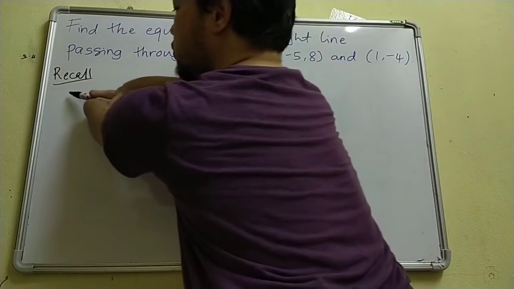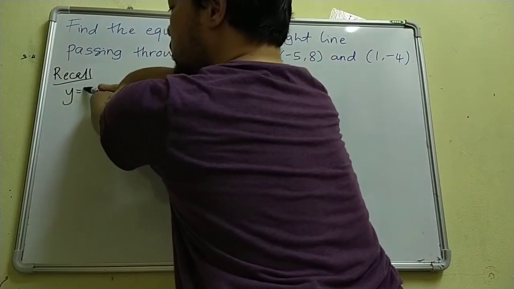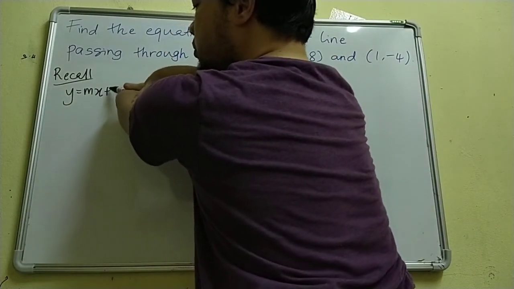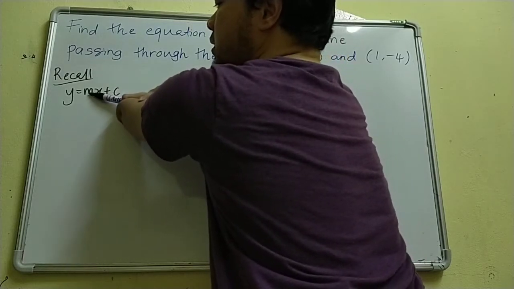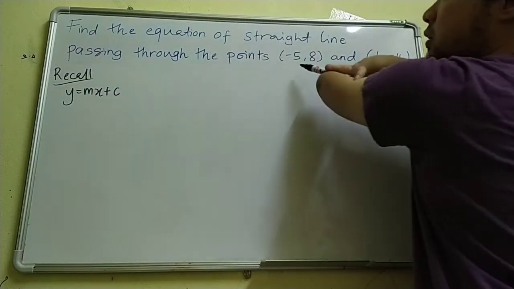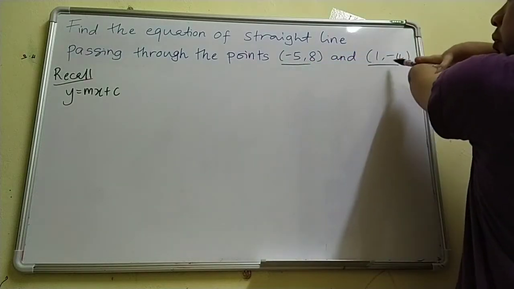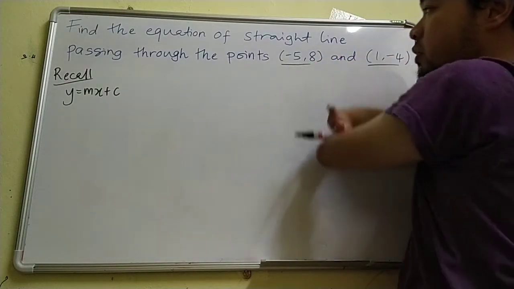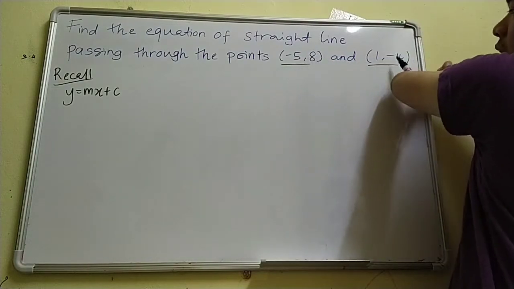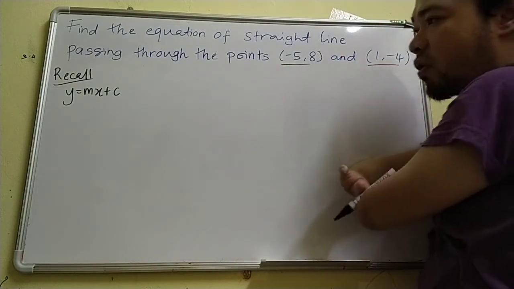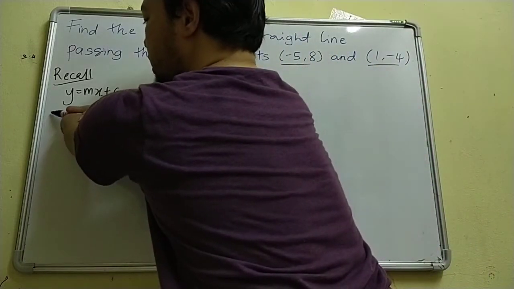When you use y = mx + c, c is the y-intercept and m is the gradient. So in this case, we need to find the gradient first, from the points given, (-5, 8) and (1, -4).